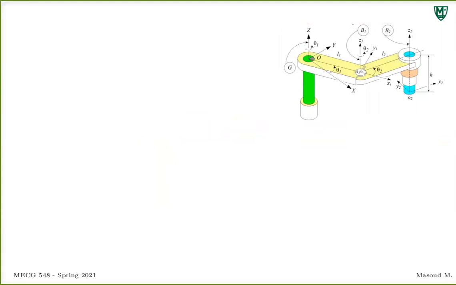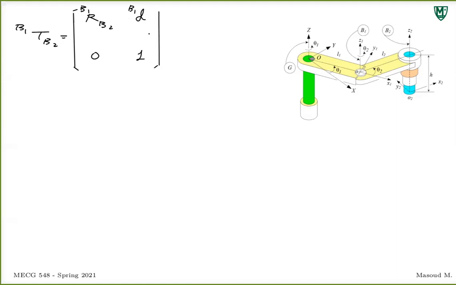So T, B2 to B1. Transformation matrix components: you have a rotation of B2 in B1, and you have your D. This D is in B1, so I'll call it DB1, with 0 and 1.